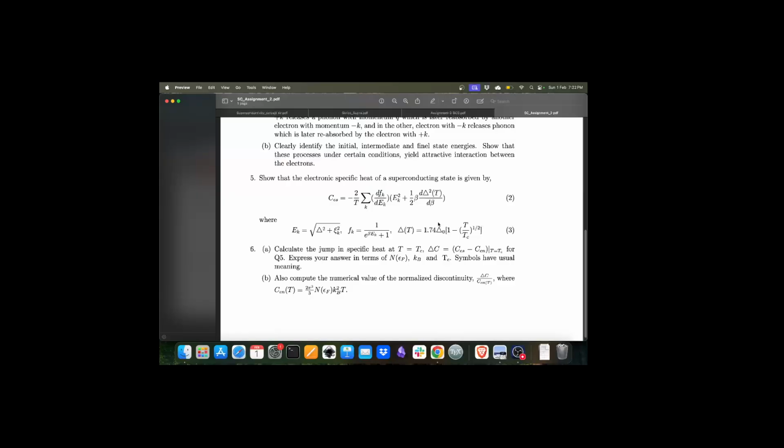Okay. So this part needs to be connected to this.